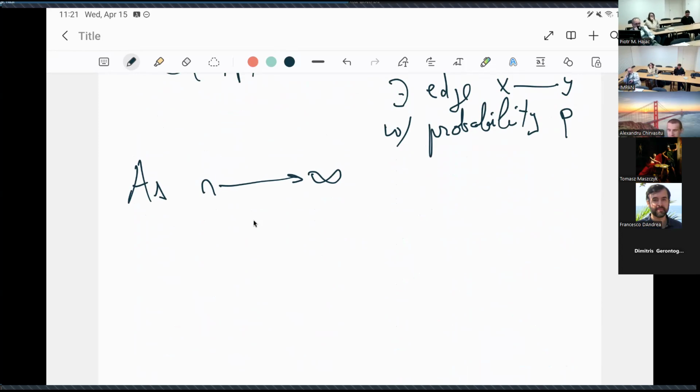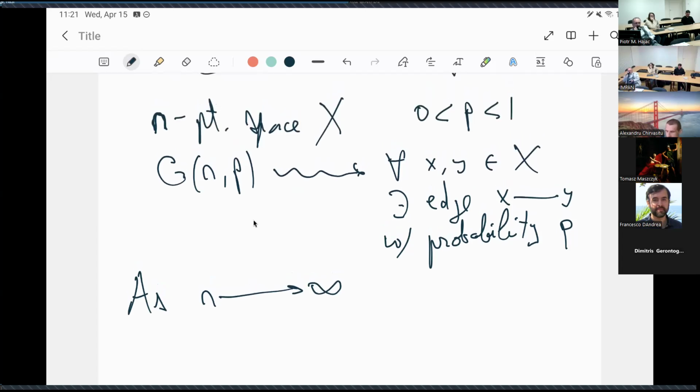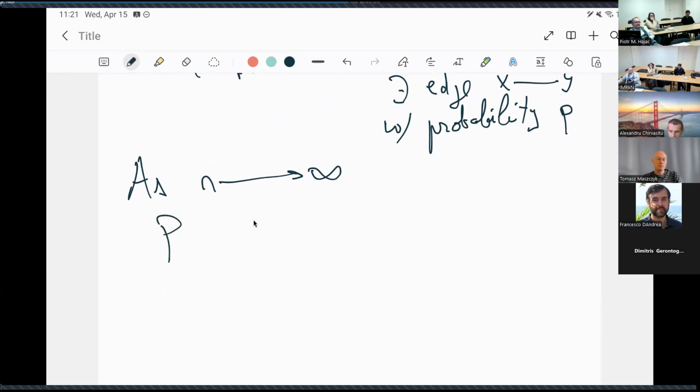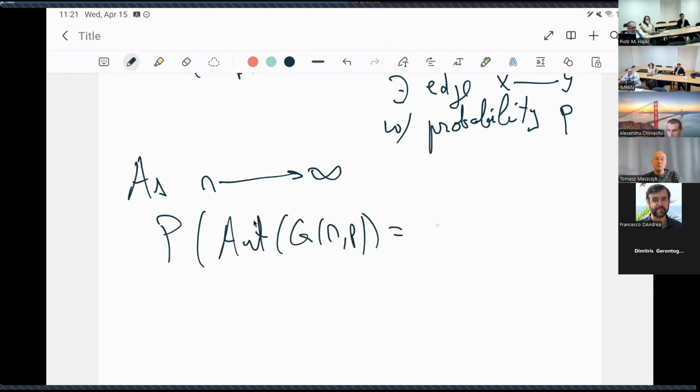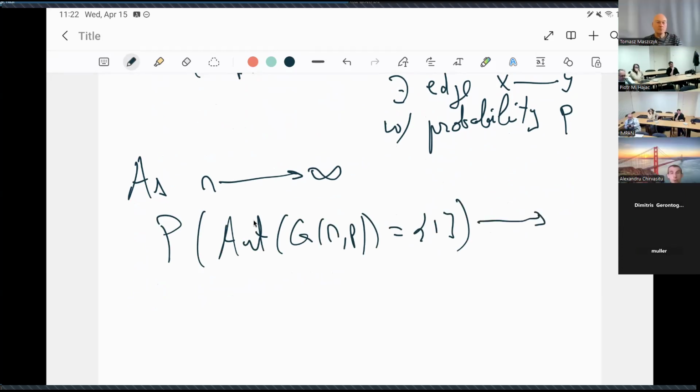The result to the effect that in this very simplistic system, where I'm doing nothing to p, just leave p alone, the probability that the automorphism group of your graph be trivial goes to 1. And there are also quantitative versions of this, like how quickly it goes to 1.